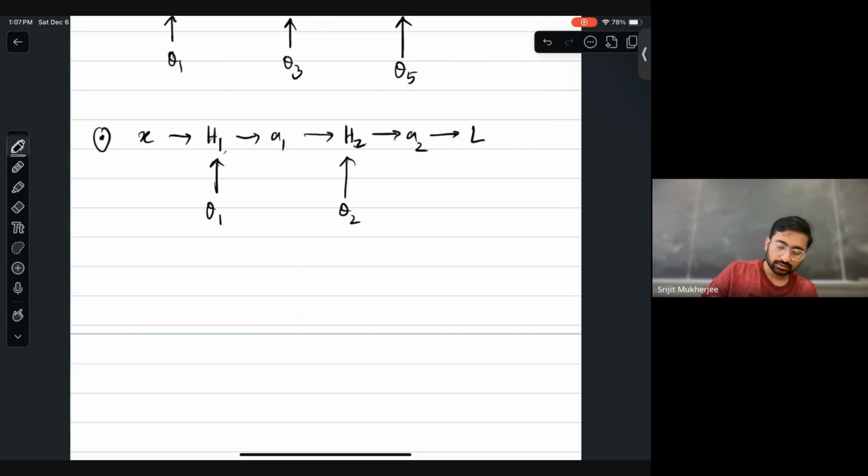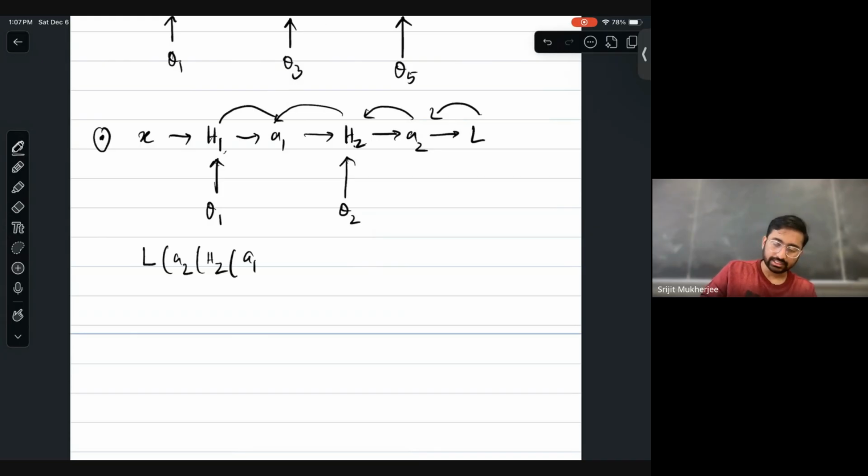So first, this L. L is already a function of theta. Wait, I did it right actually. First L, and inside of that is A2, inside of that is H2, inside of that is A1, inside of that is H1, and inside of that is this.